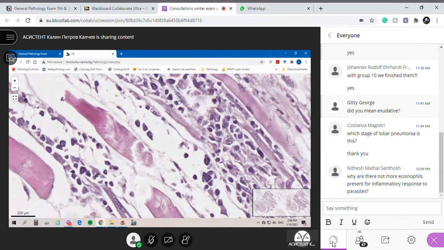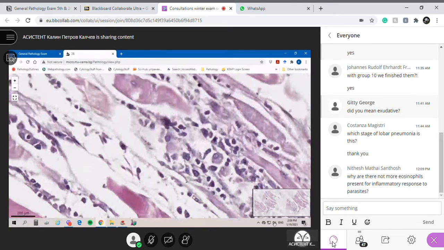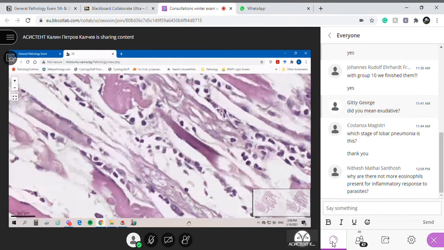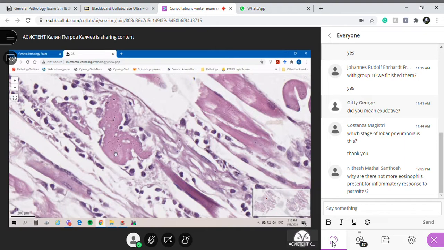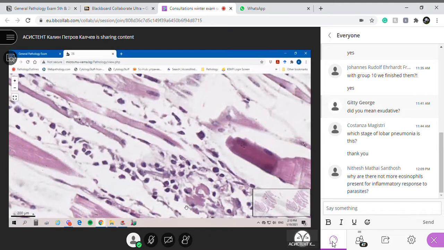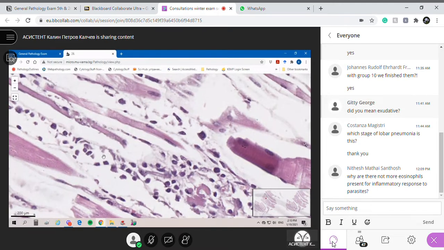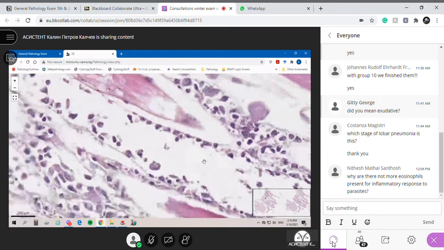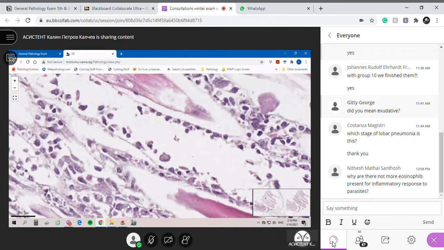They're mostly plasma cells here, but usually there must be some eosinophilic granulocytes. Usually we have blood eosinophilia, and usually the inflammation contains some eosinophilic granulocytes, but on this specimen they are not very clearly visible.